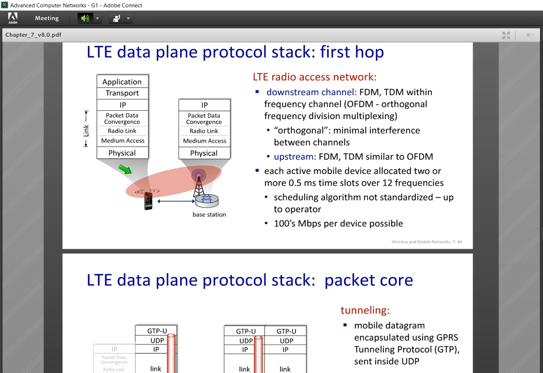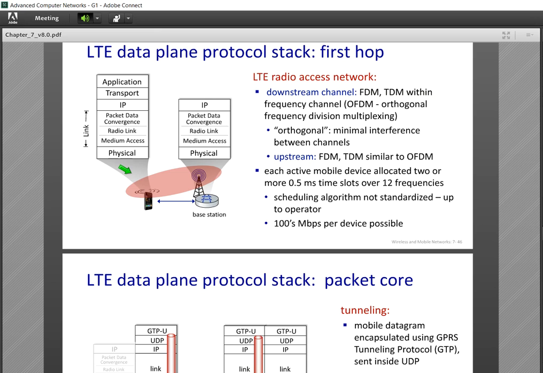Maybe you have seen terms like TDD in a 4G LTE network, or FDM, or OFDM. Those terms refer to the structure of how the company shares the air resources, the channel resources, between different users.